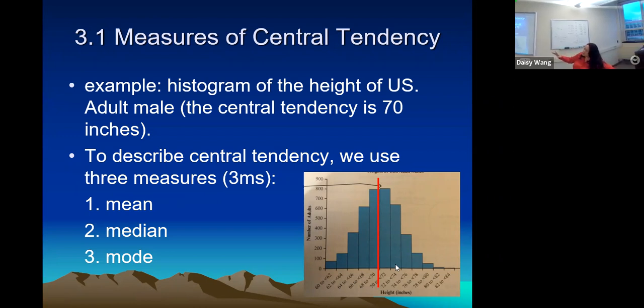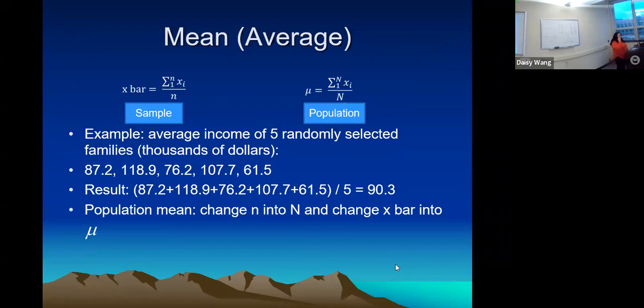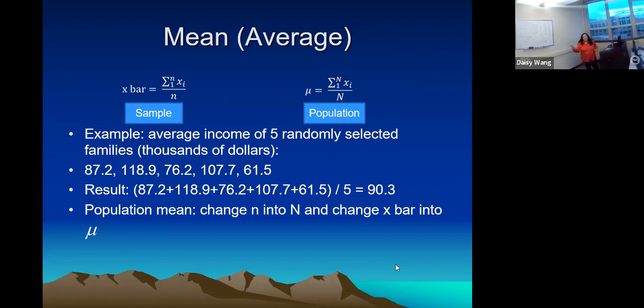To describe the central tendency, we use three things: average, median, and mode. We will talk about it later. The mean is the average. To calculate the mean, we add up everything divided by how many samples we have.